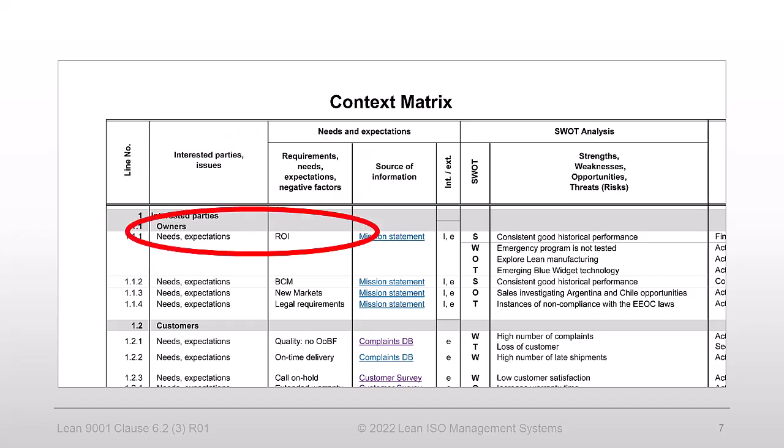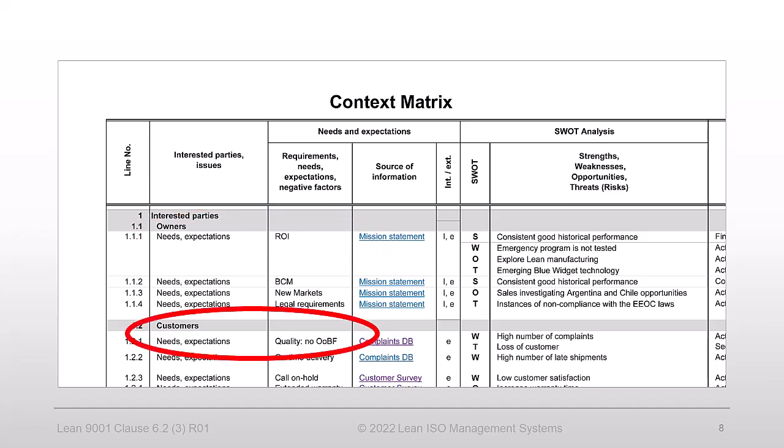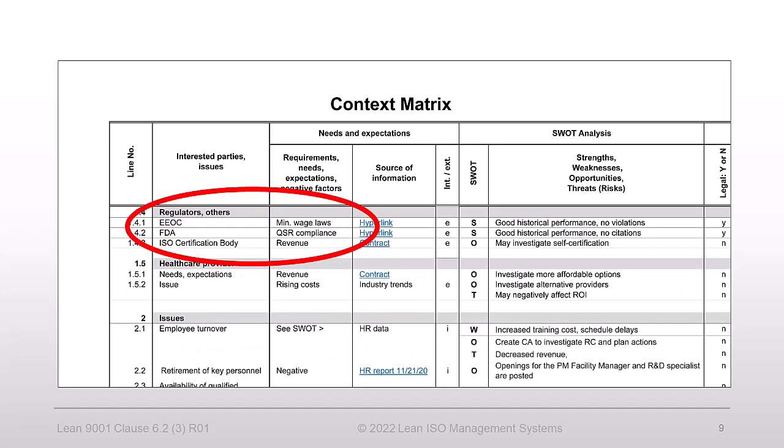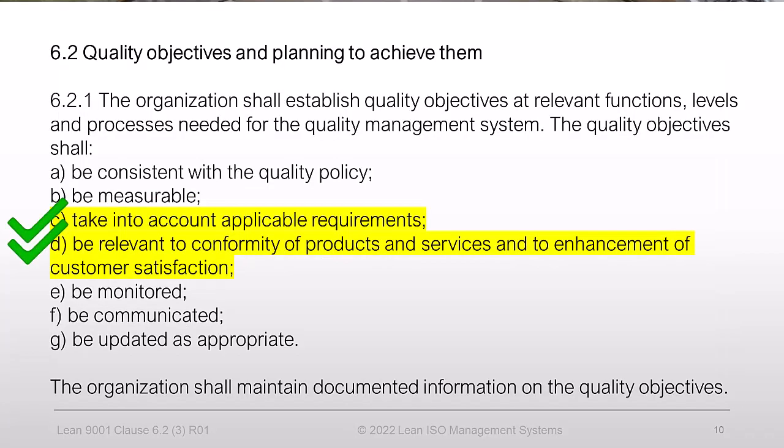For example, owners require a return on investment. Customers require product quality. Regulators require compliance with particular laws, etc. So these are the applicable requirements, and they relate to the conformity of products and services.